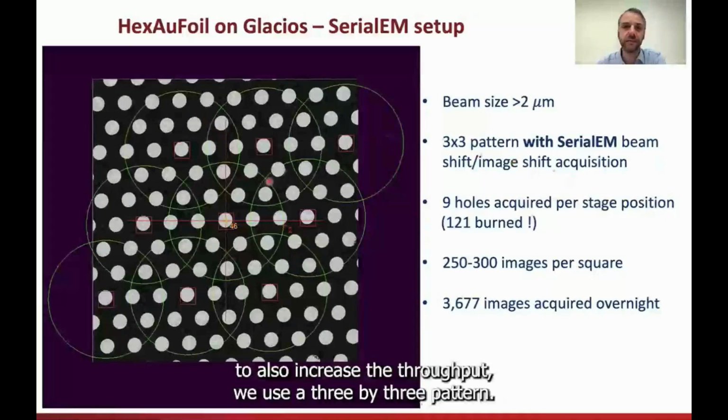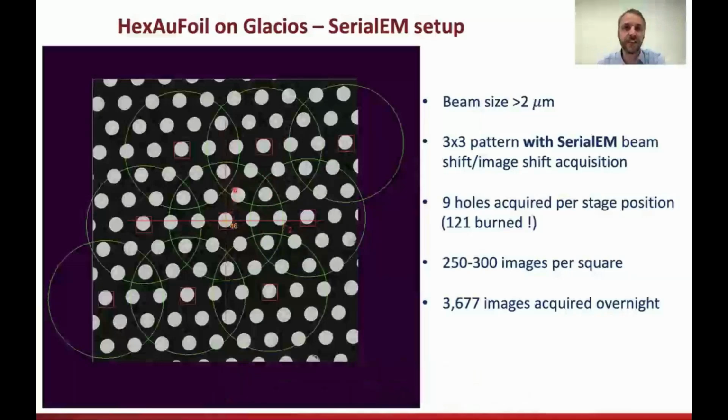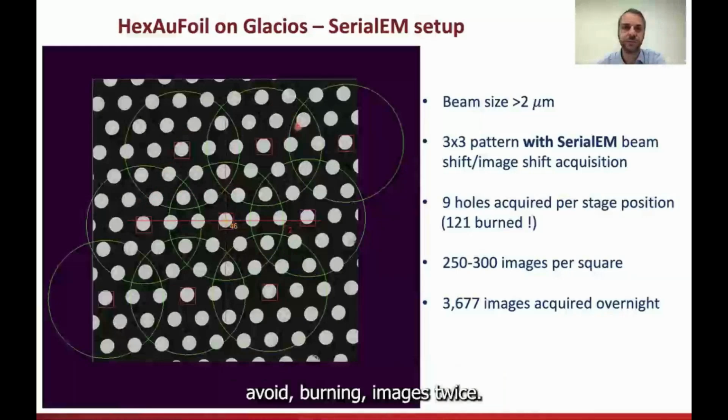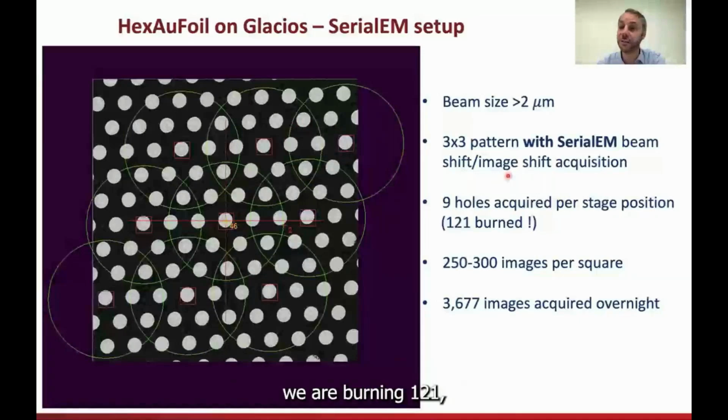Here, to also increase the throughput, we use a 3x3 pattern. So it's 9 shots per stage position. In that case, we had to space the shots quite a lot to avoid burning images twice. It means for 9 holes acquired, we're burning 121 holes.